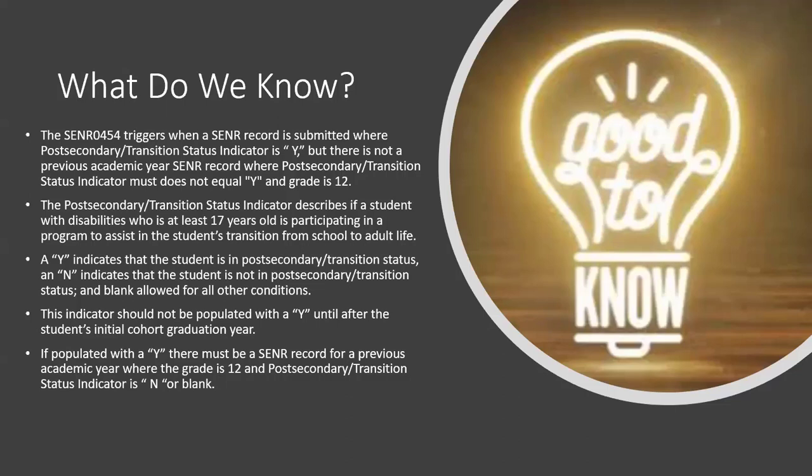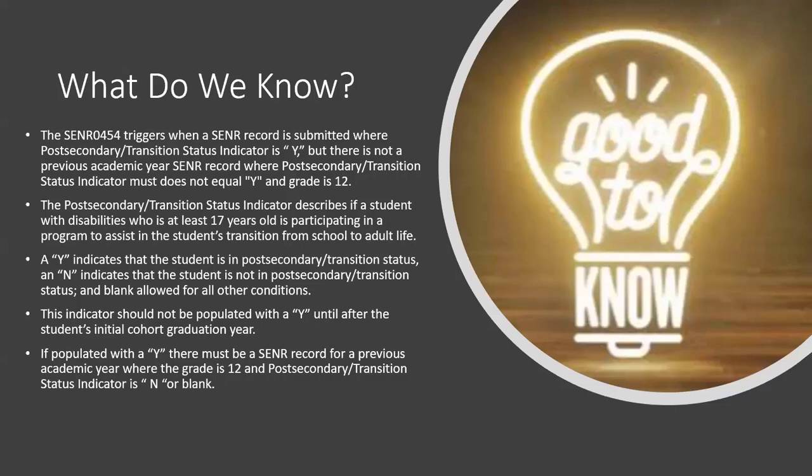We also know that a Y indicates that the student is in post-secondary transition status, a no indicates that the student is not in post-secondary transition status, and a blank is allowed for all other conditions, right? So if the student is not 17 years or older with an active IEP and in grade 12, we may not have a reason to report post-secondary transition status for the student.